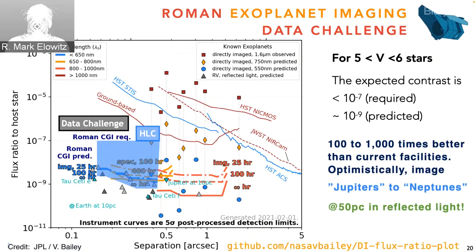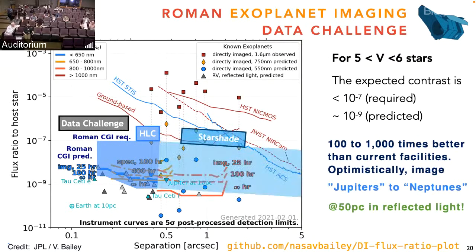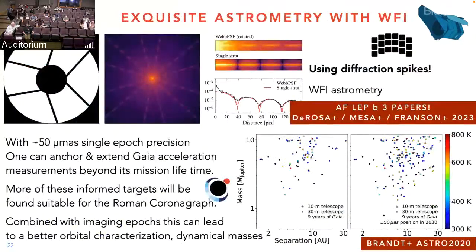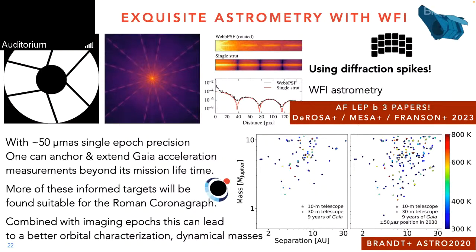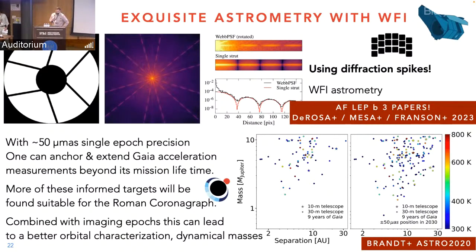My question is, is there any prospect of direct imaging planets with a wide field, because of the very, very deep images? Yeah, so in fact, I had this slide also. There is a way to have synergy between the two, I think. This has been studied by Melchior 2018, but also there is a mention of it in Tim Brandt's Astro 2020 white paper.